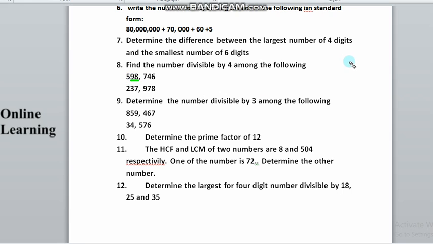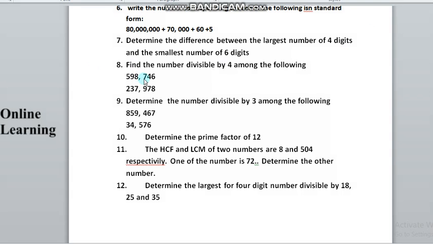Let's see. 98: 4 twos are 8, 1 carry, 18, and 4 fours are 16, 2 remain. 4 does not divide fully, that means 98 is not completely divisible by 4, that means 598 is not divisible by 4.